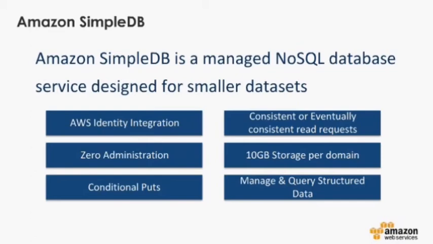So SimpleDB is accessible over REST. It doesn't expose a SQL query string or an ODBC or JDBC connection set. It's not designed to host your OLAP cubes or do any of maybe the more standard things that a relational database would do.